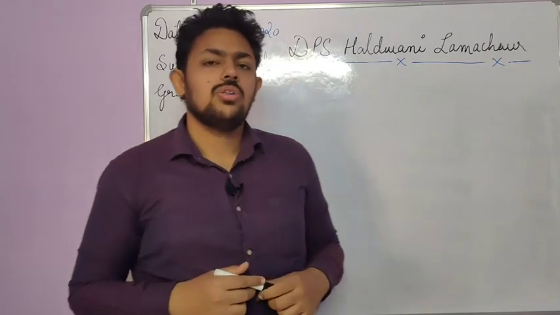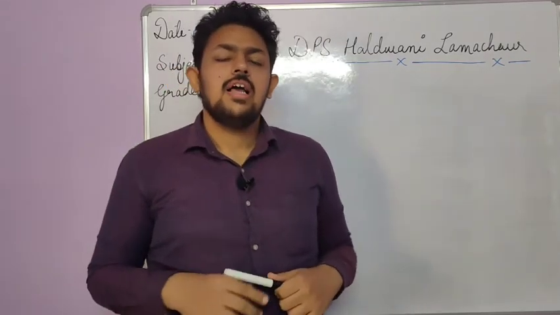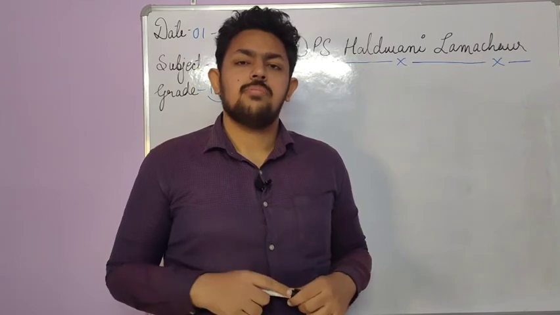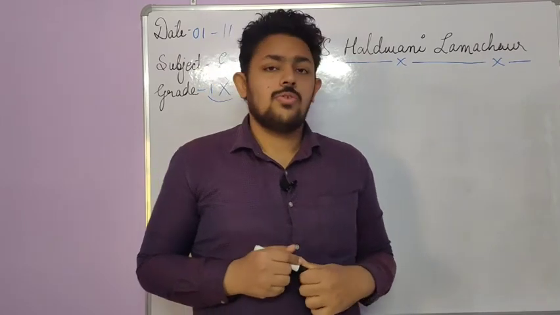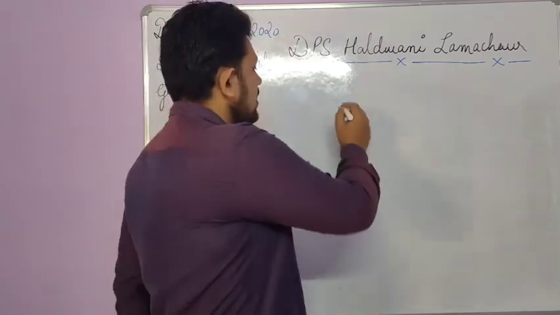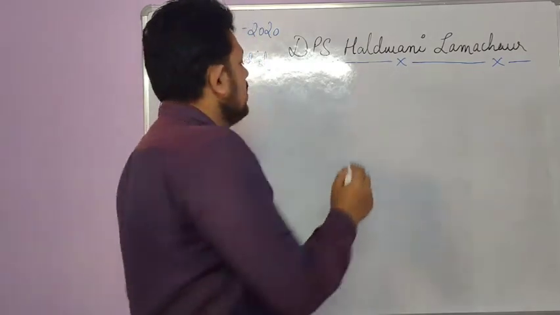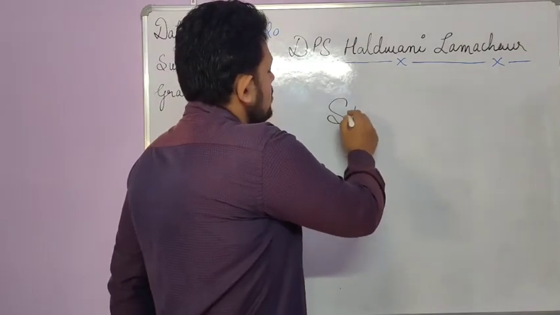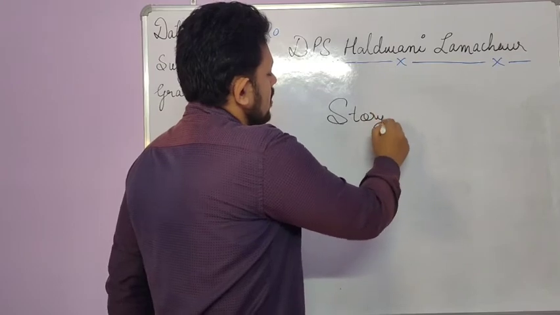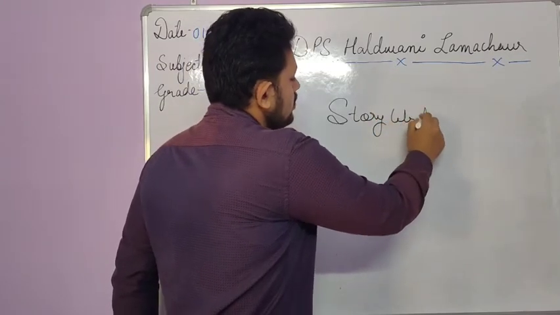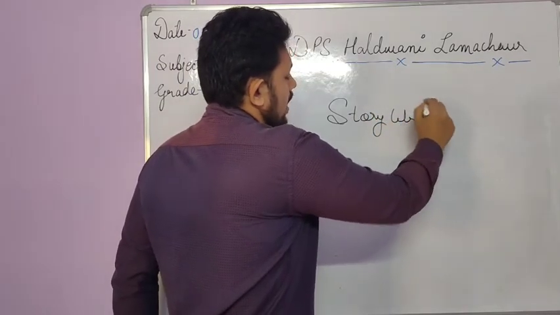We are focusing on the writing portion, the writing skill. After that we will be doing some grammar part also. So for today we have our writing section, and in this we are going to learn story writing.